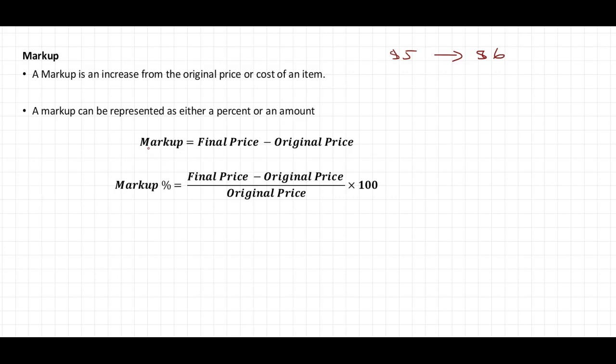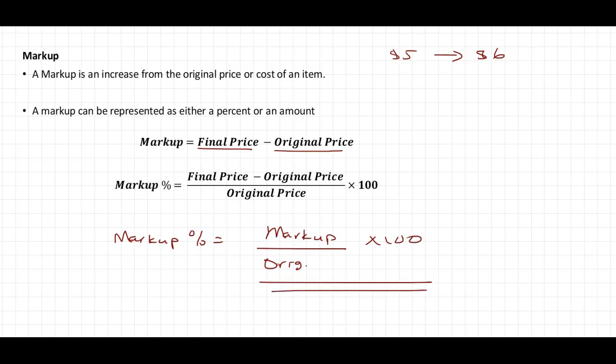So your markup here is your final price minus your original price. And then your markup percent is going to be your markup divided by your original price multiplied by 100. That's going to give you your markup percent.